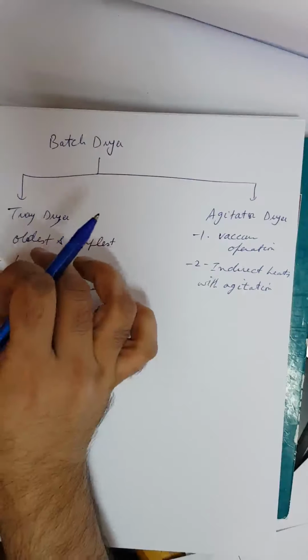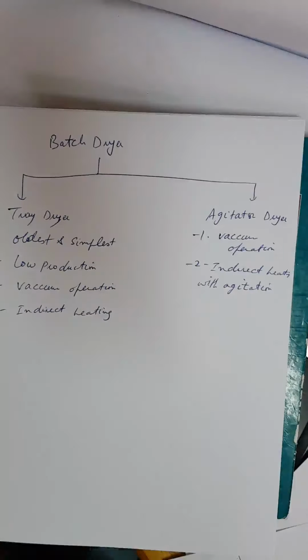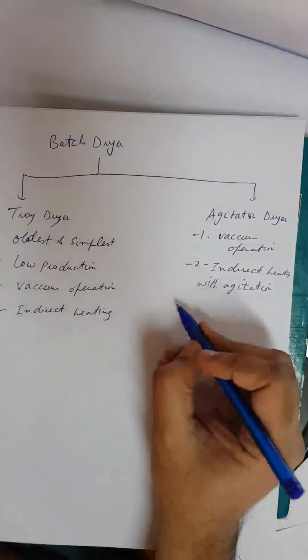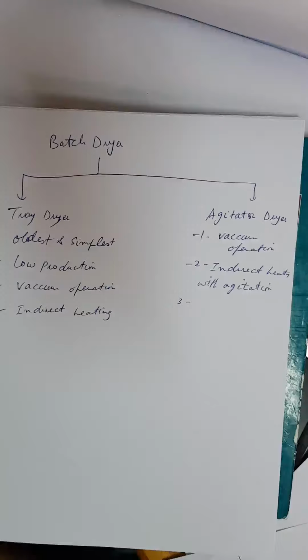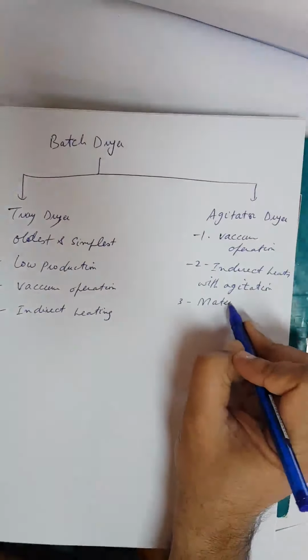Here the trays are stationary. Here these trays are agitating, so they are moving. Okay. So they are mainly used for explosive material that oxidize.